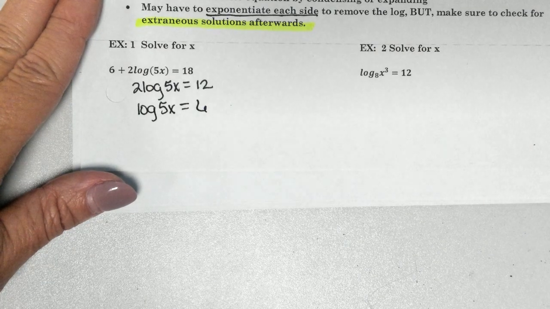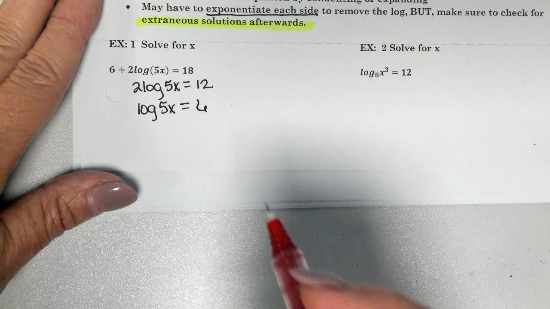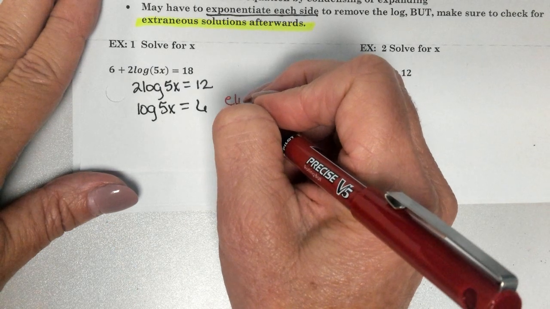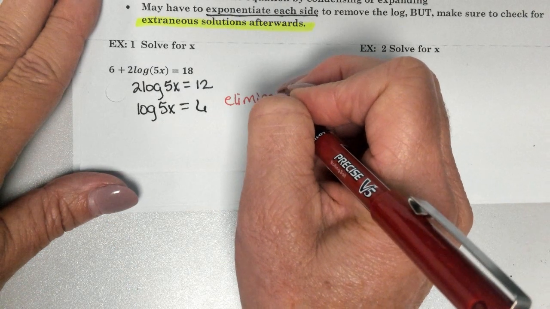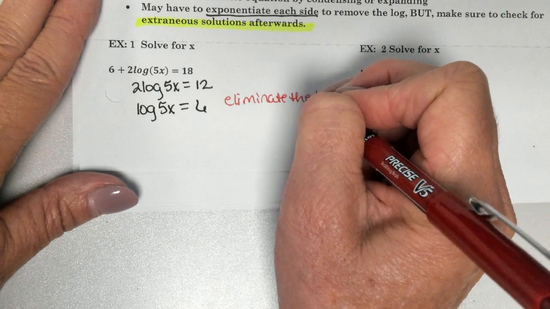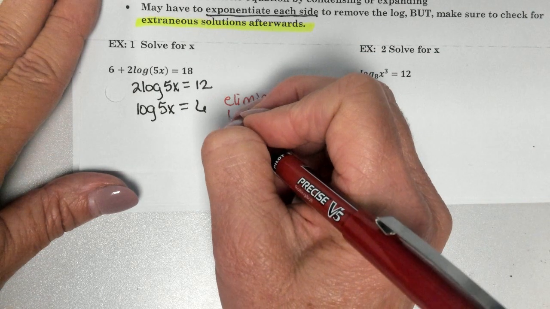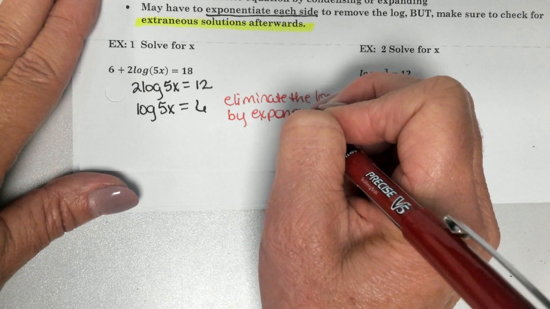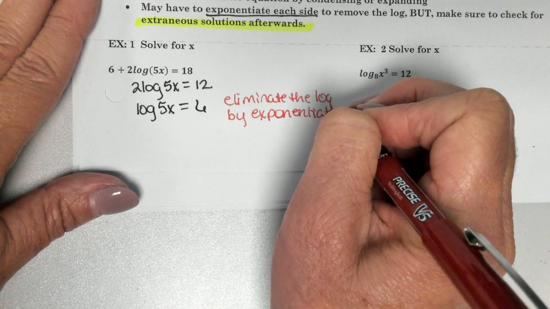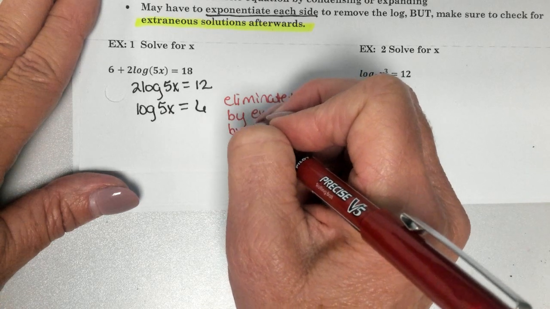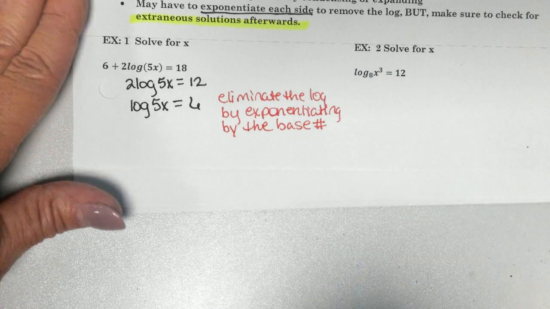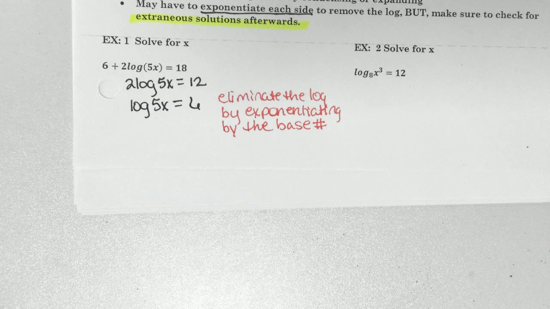Now, this is where we have to eliminate the log. Eliminate the log by exponentiating by the base number. Well, what is the base of this log? 10.